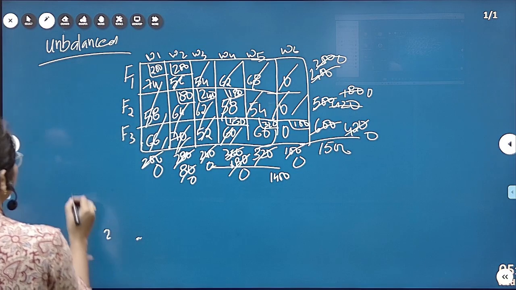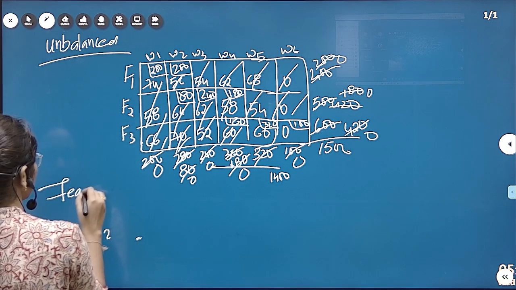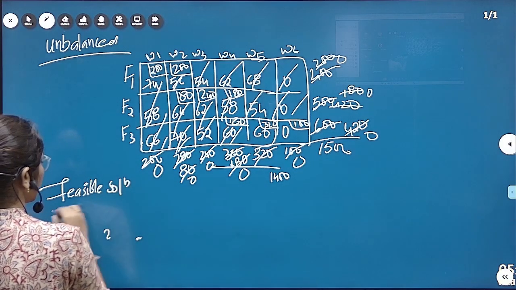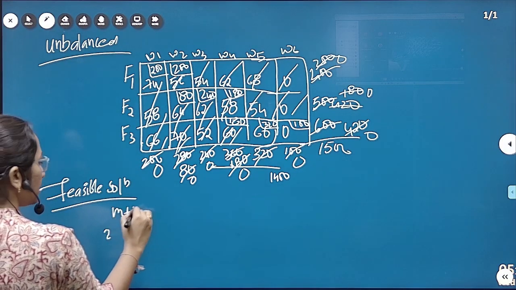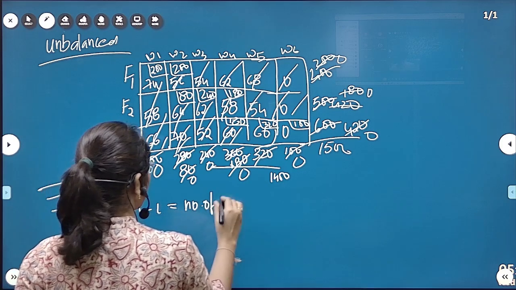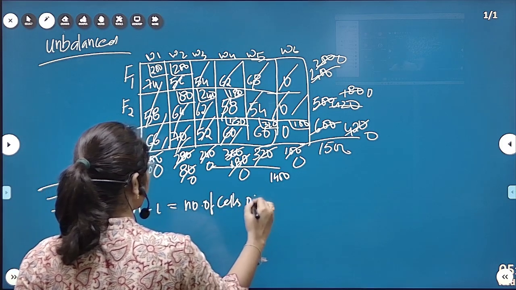So now, feasible solution. M plus n minus 1 is equal to the number of cells occupied.